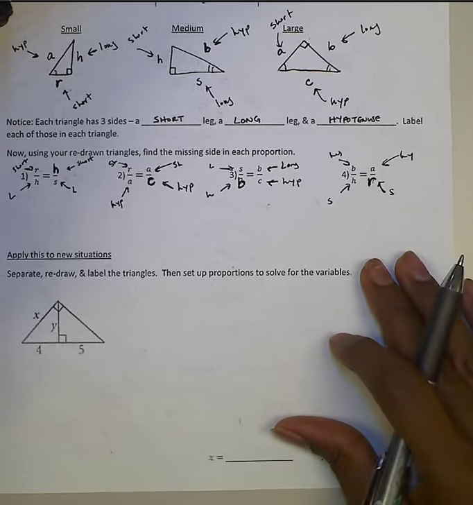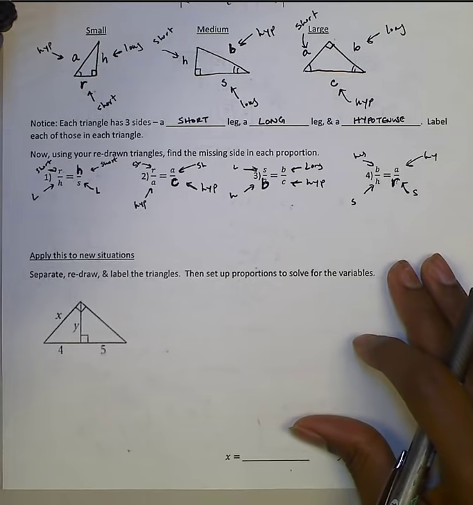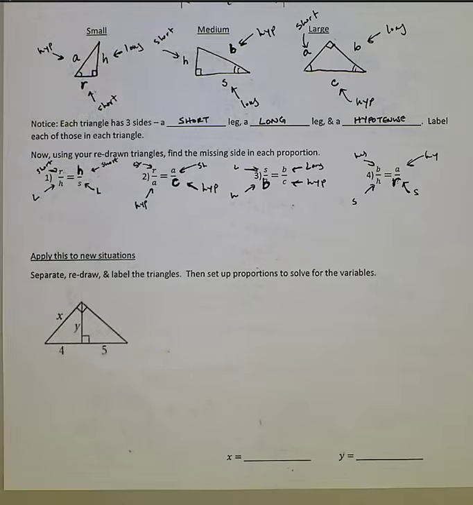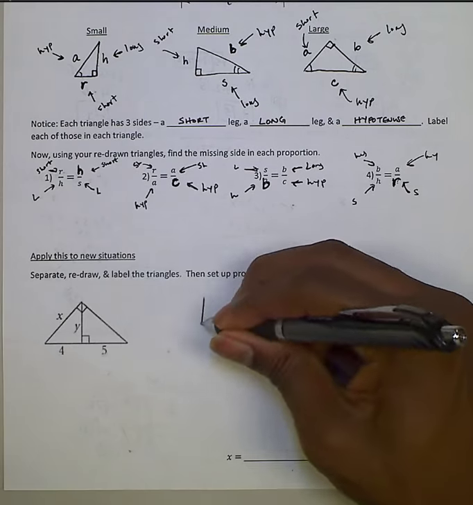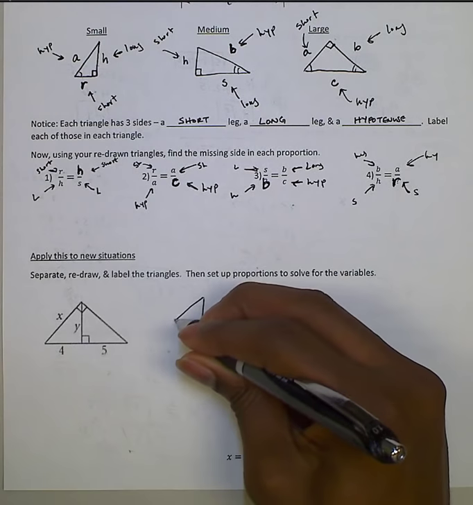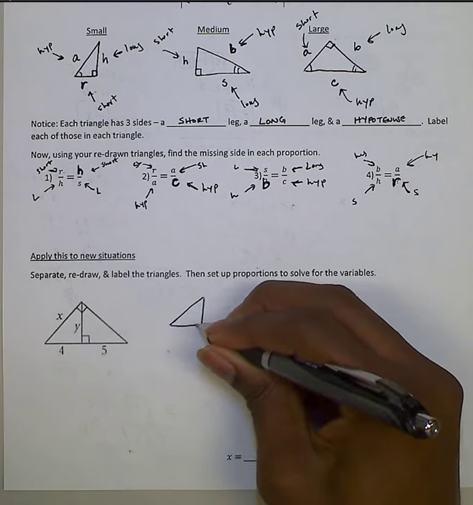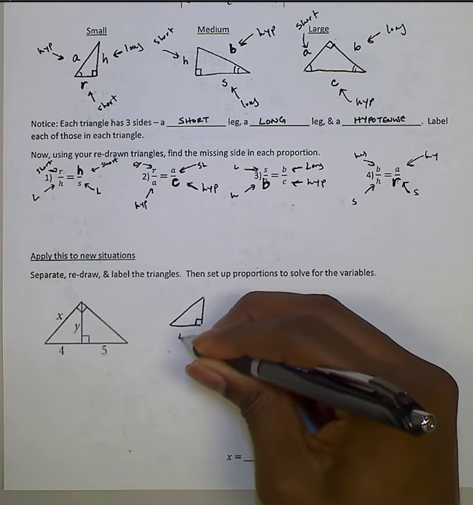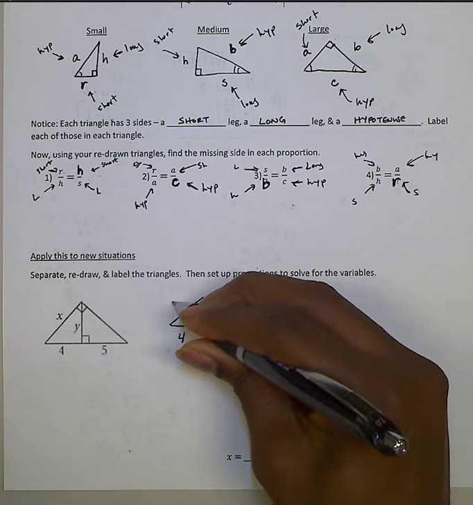Okay, so now all of that for problems like our last example here. They want us for this problem to separate and redraw and label the triangles, and then set up proportions to solve the variables. So first, let's separate them. I'm going to give you this one here, the one to the left, which is 4, y, x.